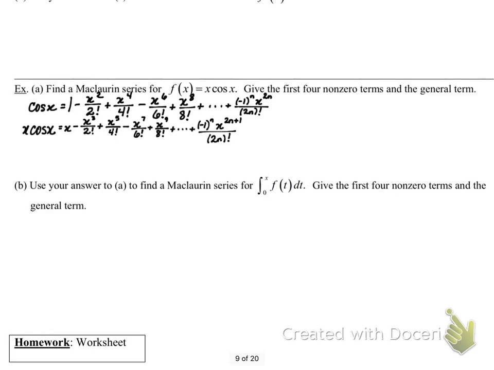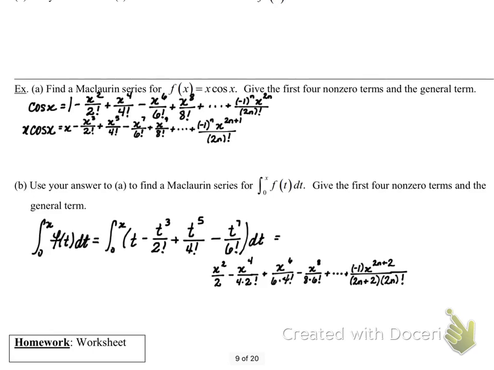Now we're going to integrate that using an indefinite integral, and we're going to find the first 4 non-zero terms and the general term. So when we integrate that Maclaurin series, we get the first 4 non-zero terms and the general term, and it looks like this. It should be fairly clear what's happening.